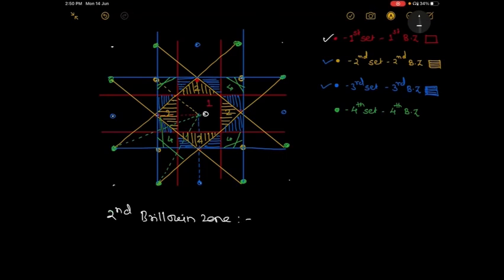How are we defining it here? It is the region of the space which crosses the first Bragg's plane.